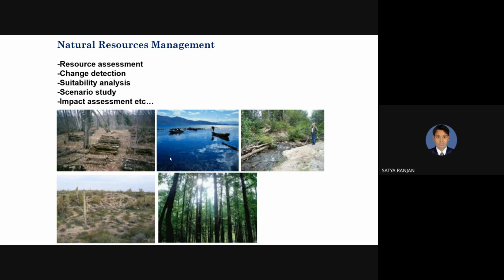Then scenario studies: for a particular landscape, how many different land use and land covers are there, so that type of change is analyzed using scenario study. Then impact assessment.